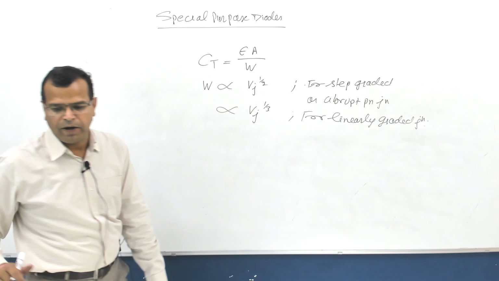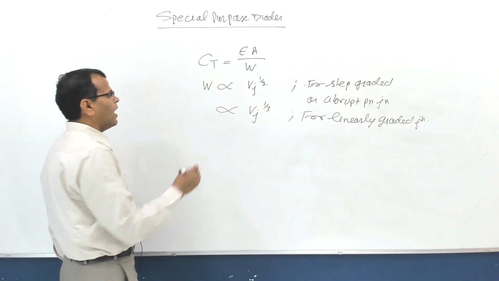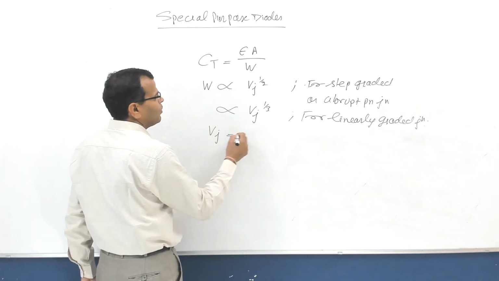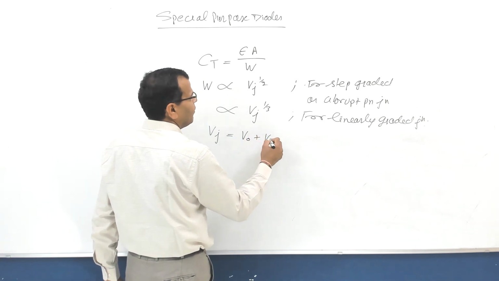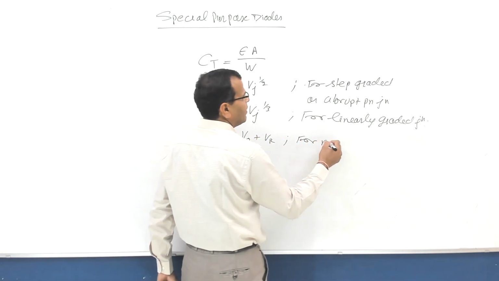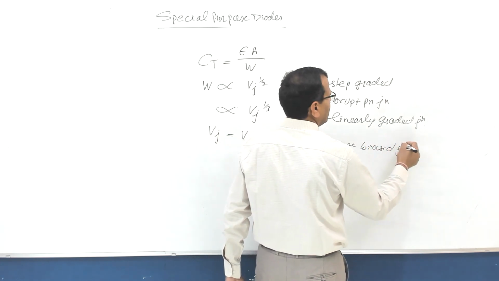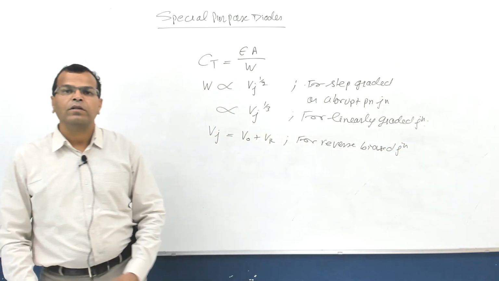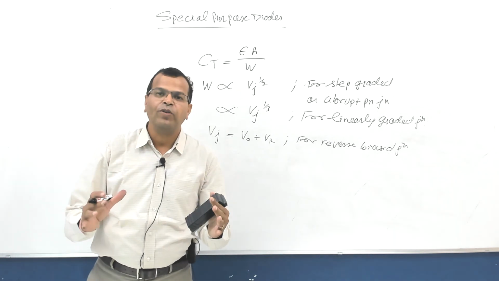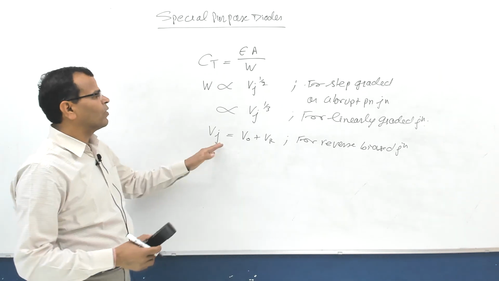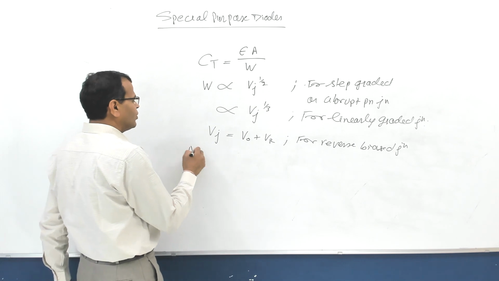That is what you have. Fine. And Vj for reverse biased mode is V0 plus Vr for reverse biased junction. Since Varactor diode is a diode which works in the reverse bias mode, we will be talking about this only.